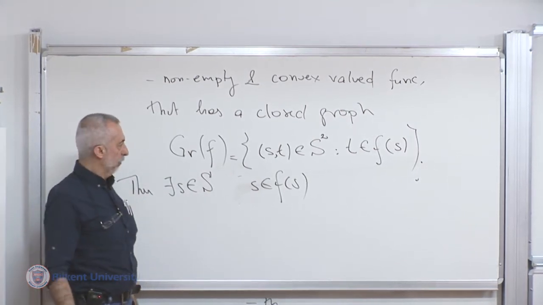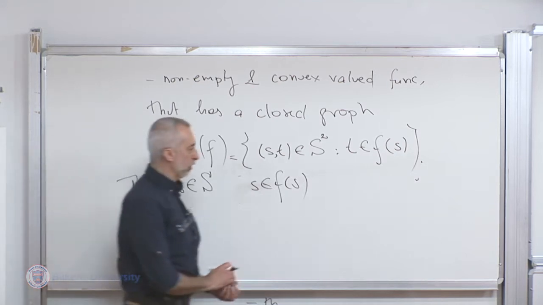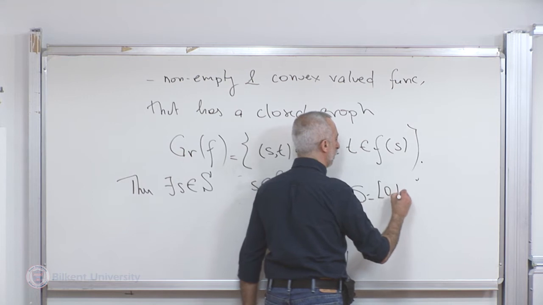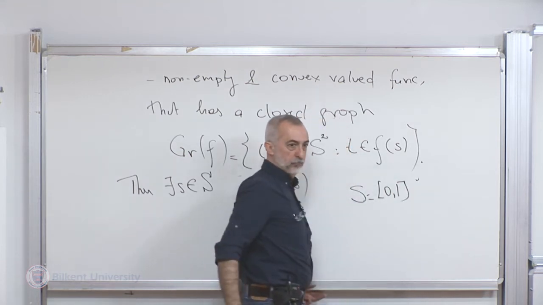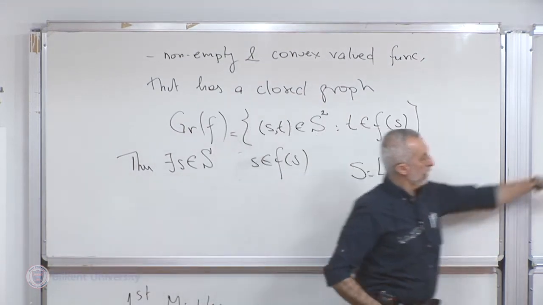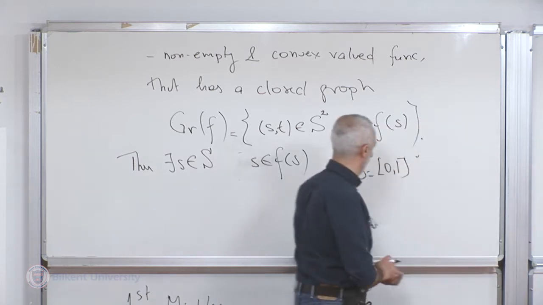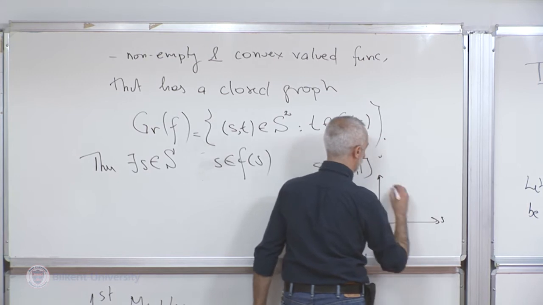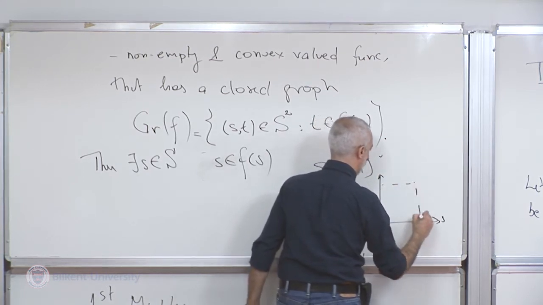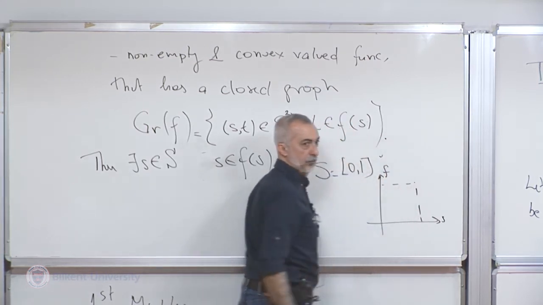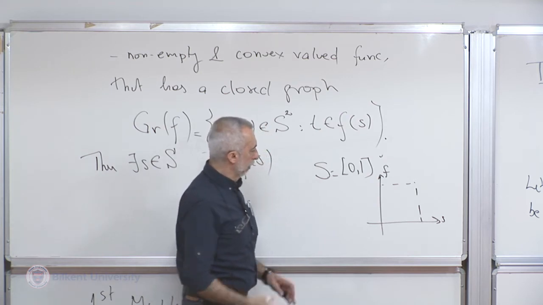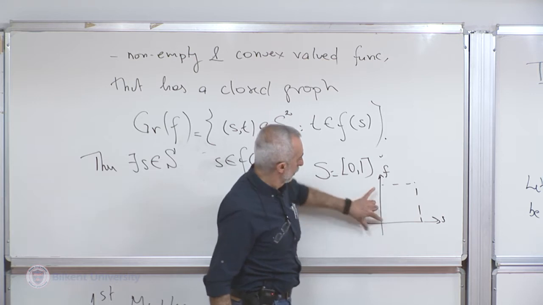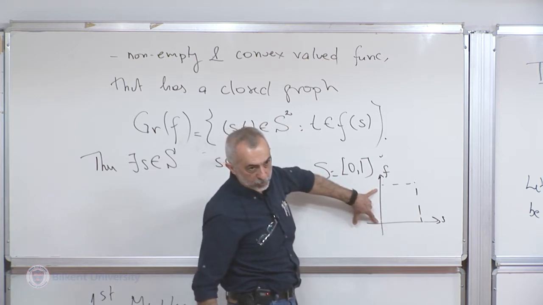Okay? A simple illustration of that could be, for example, take S to be the interval 0, 1. So a non-empty compact convex set. F maps elements in this set to subsets of this set.